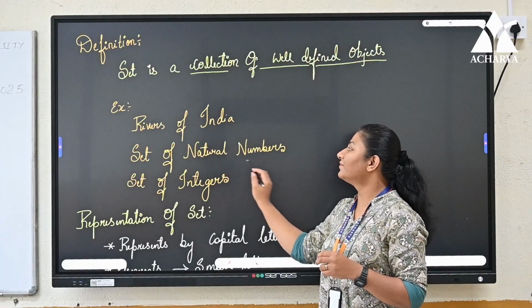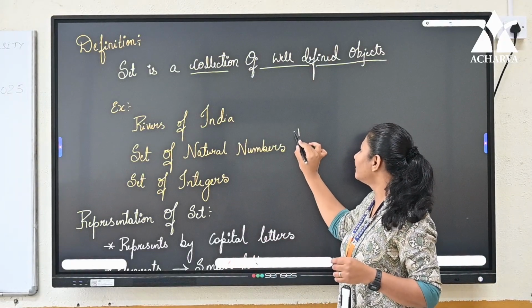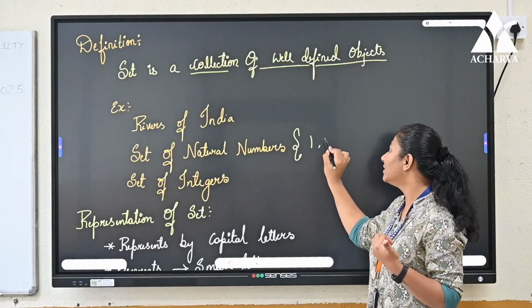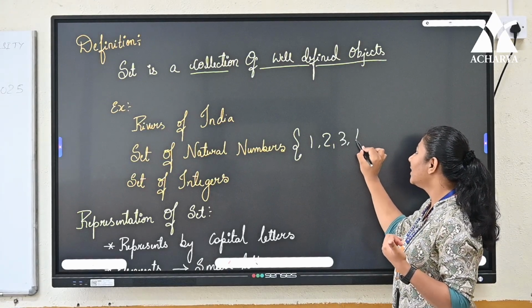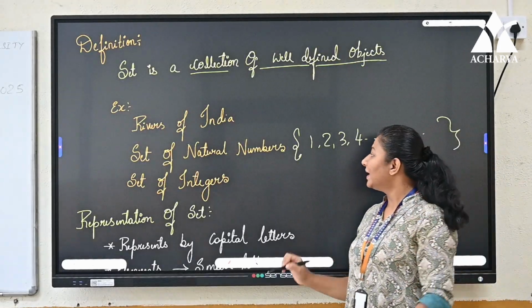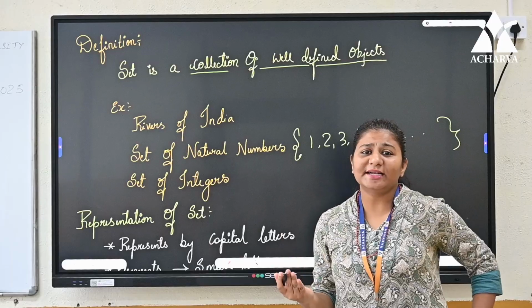Next, the set of natural numbers. The natural numbers start from 1, 2, 3, 4 and go on so on. Next, the set of integers.